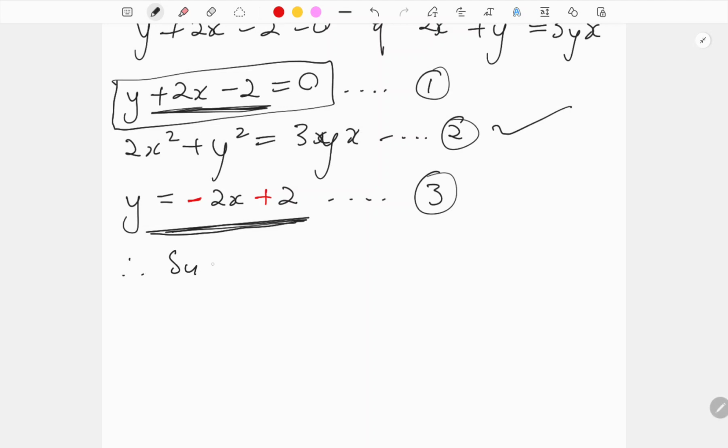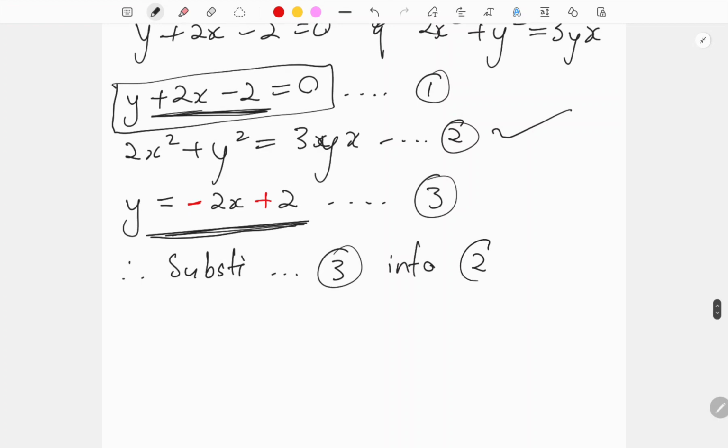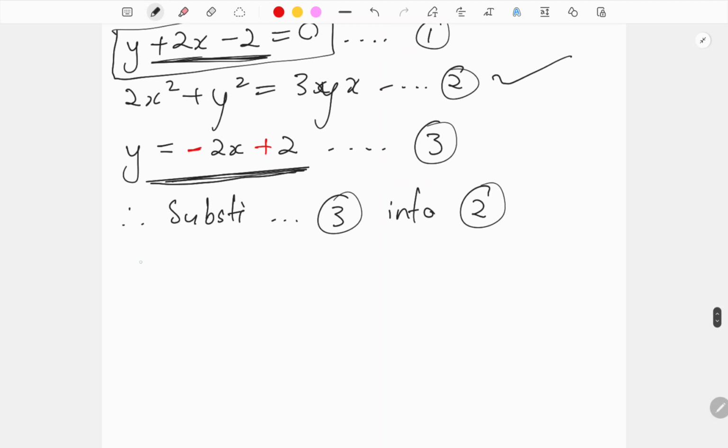Therefore, we substitute equation 3 into 2. My equation 2 is 2x squared plus y squared equals 3yx.